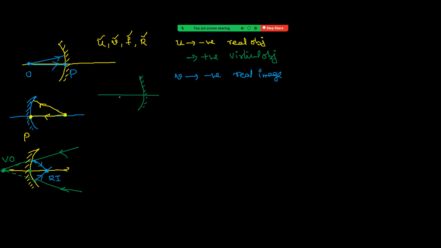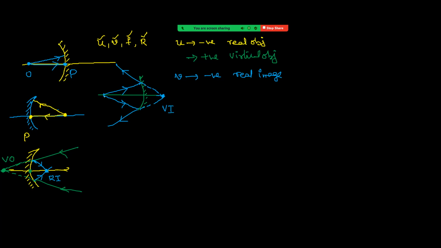Suppose I am taking incident rays traveling towards the right side. Let us say after reflection, they are diverging, like this. Now extend these rays back. After reflection they are not converging, they are diverging, so we extend those rays back. Where they meet is the virtual image.